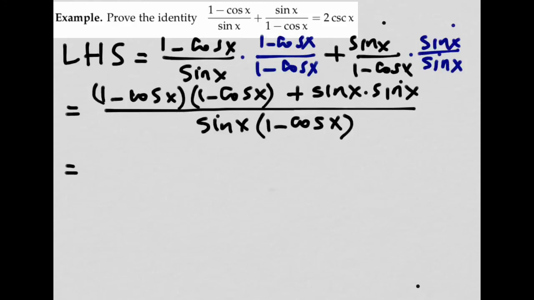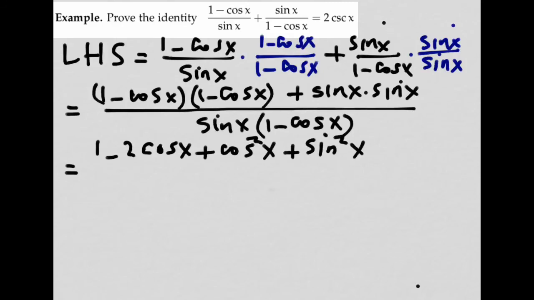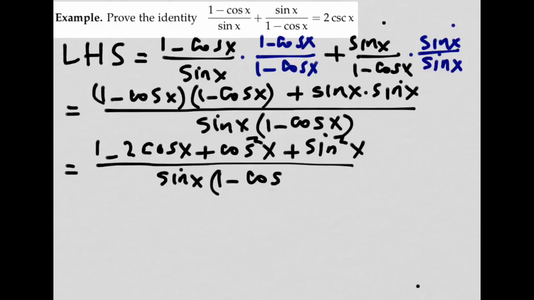If we distribute (1 minus cosine x)(1 minus cosine x), we wind up with 1 minus 2 cosine x plus cosine squared x. Plus sine x times sine x is sine squared x, all divided by sine x times (1 minus cosine x).